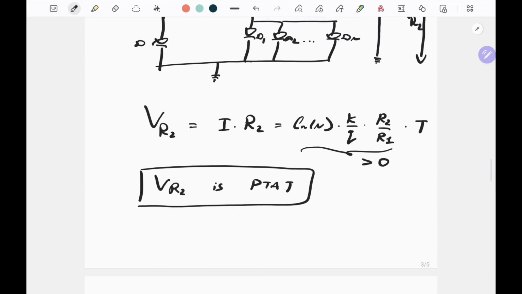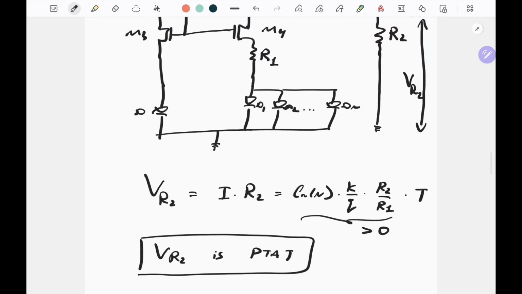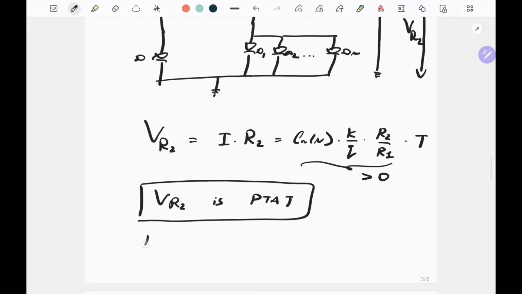However, for the VR2, it is not an important assumption, because even if R1 has some kind of a temperature coefficient, and we assume that R2 is a resistor made from the same material, so it will also have the same temperature coefficient, then R2 over R1 would be temperature independent, even if R2 and R1 both have the temperature coefficient.